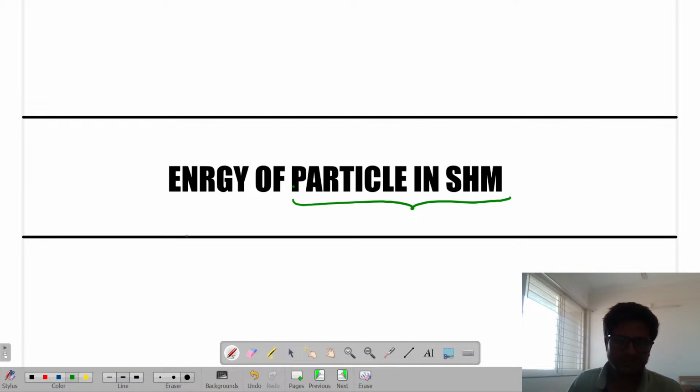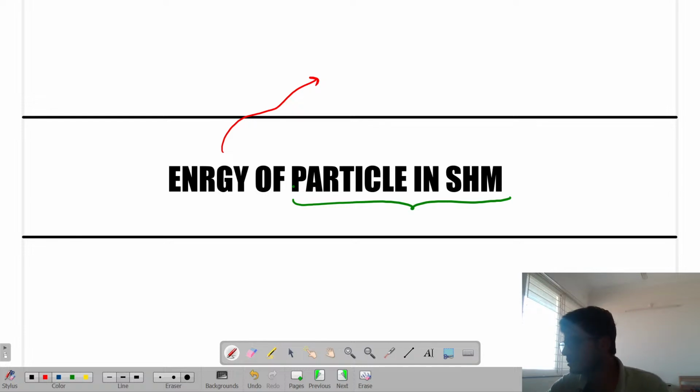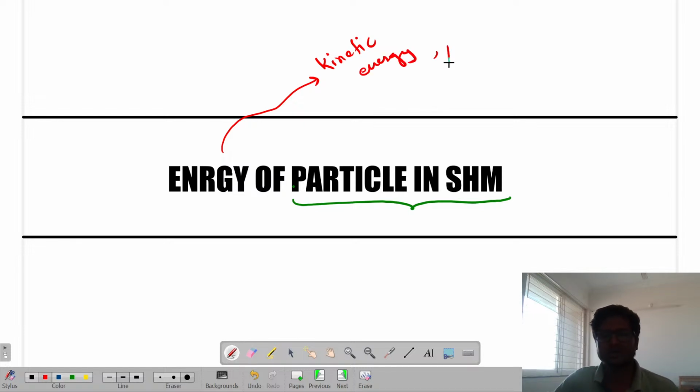Okay. So as you know, in physics, and since we are studying SHM, these energies are of two types basically. One we call kinetic energy. Another one is called potential energy. Is that clear or not?